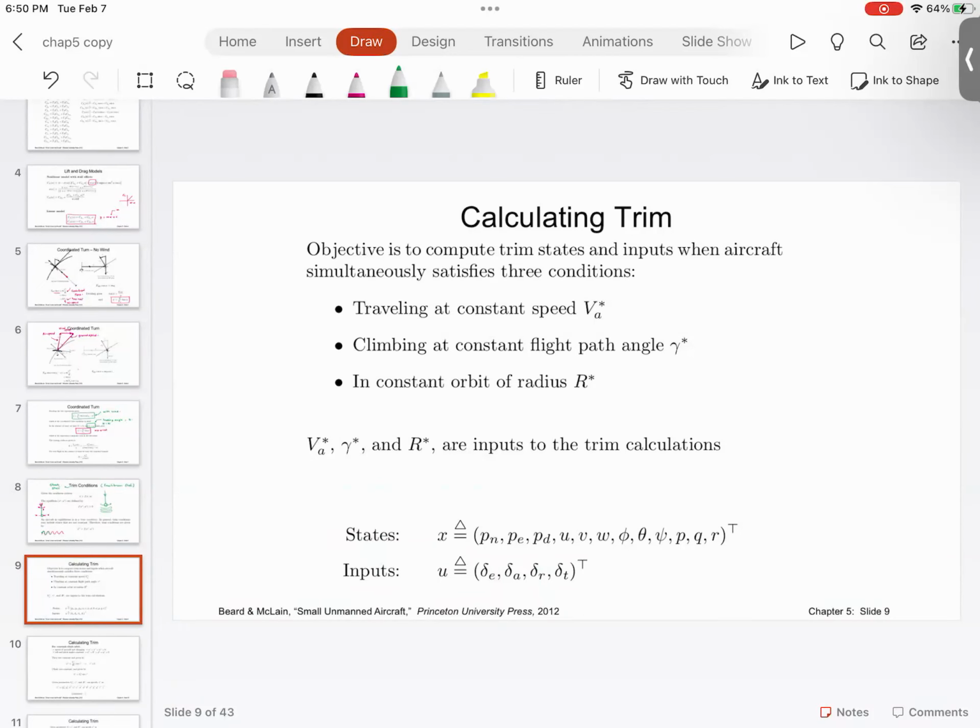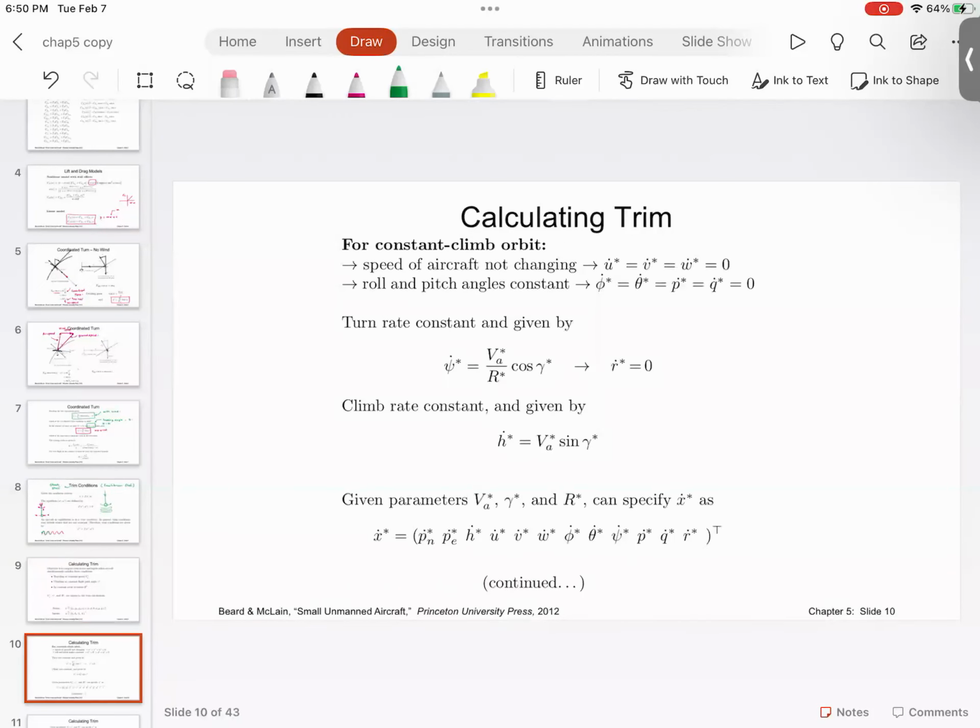Everyone understood this? So what I'm going to do is I'm going to define few flight states. So for an example, if I have a constant climb orbit, then what I have is u dot star, v dot star, and w dot star is equal to 0.